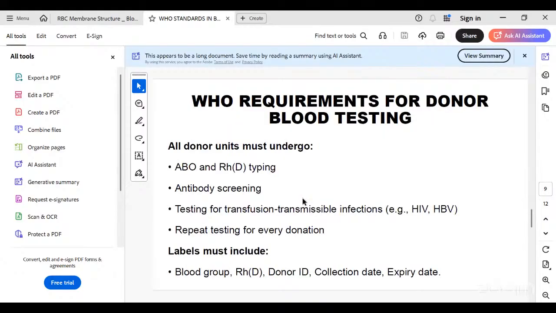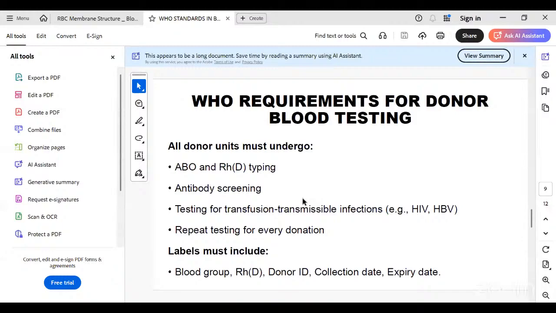The next one is WHO requirements for donor blood testing. All donors must undergo ABO and Rh typing. Then they must also undergo antibody screening to detect if they have any hidden antibody. They must also undergo, according to WHO, screening for TTIs, transfusion-transmissible infections.